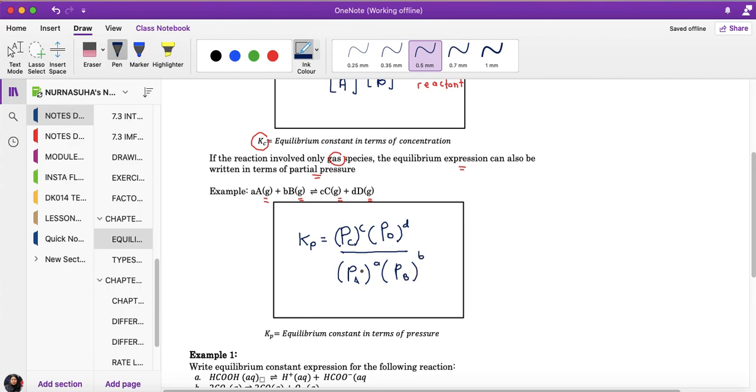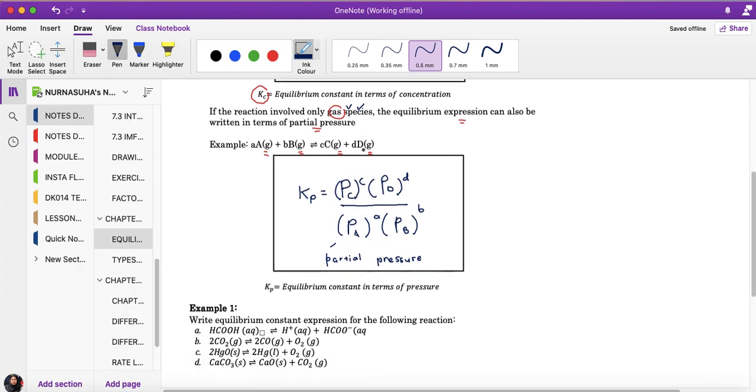The P here is partial pressure. Remember, Kp is the equilibrium constant in terms of pressure, only for gaseous species. For aqueous species, it is not allowed.